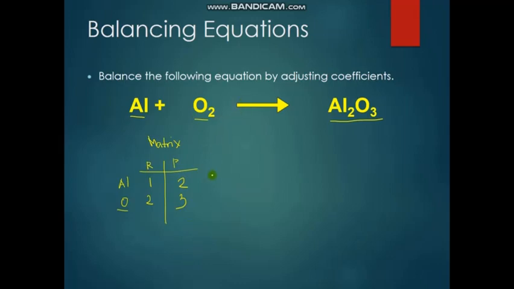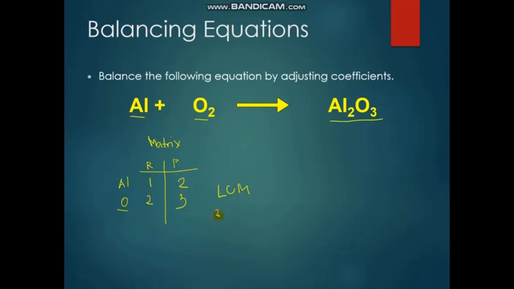By simply getting the LCM or least common multiple. By this, we will be able to determine the common factor of 2 and 3.